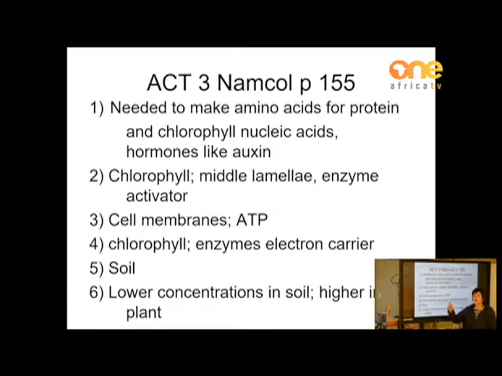When it needs to be absorbed from a lower concentration to a higher concentration, we know from low to high, energy is needed, and that is active transport. It needs a carrier protein in order to transport mineral ions.